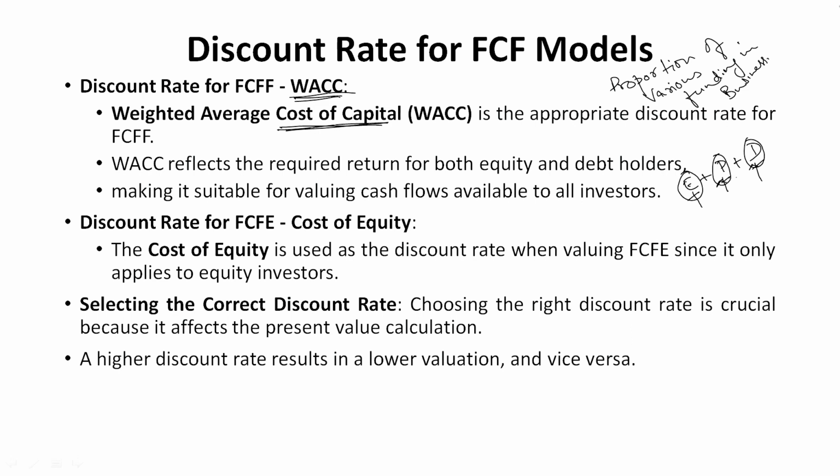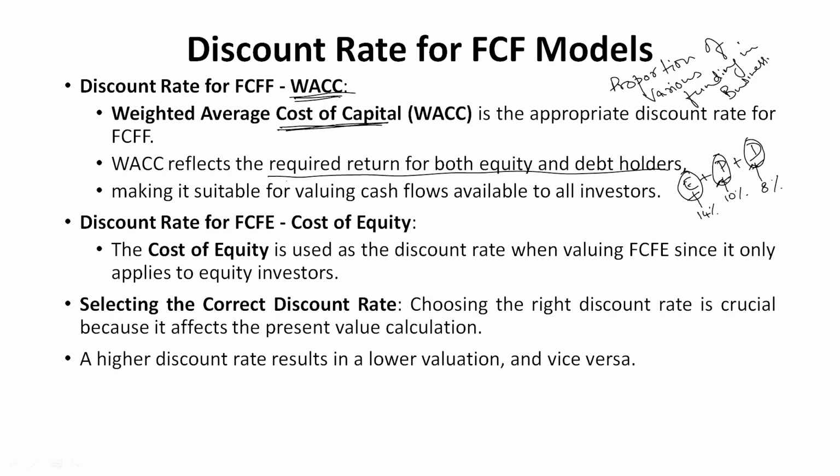So if I am going to divide this in terms of cost, weighted average cost, then I am going to give weightage to each and every thing. Let us see how we will be doing it. The weighted average reflects the required rate of both equity and debt holders. So let us assume that the equity shareholders are expecting 14% return, preference shareholders 10%, and debt holders are expecting 8%.